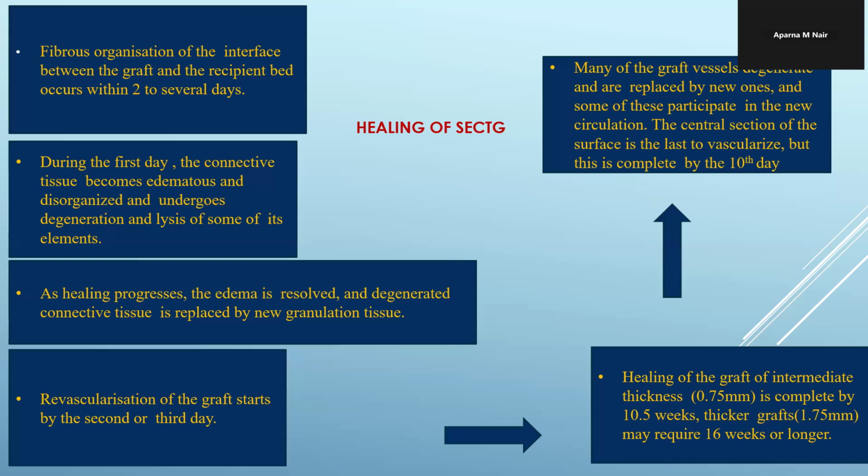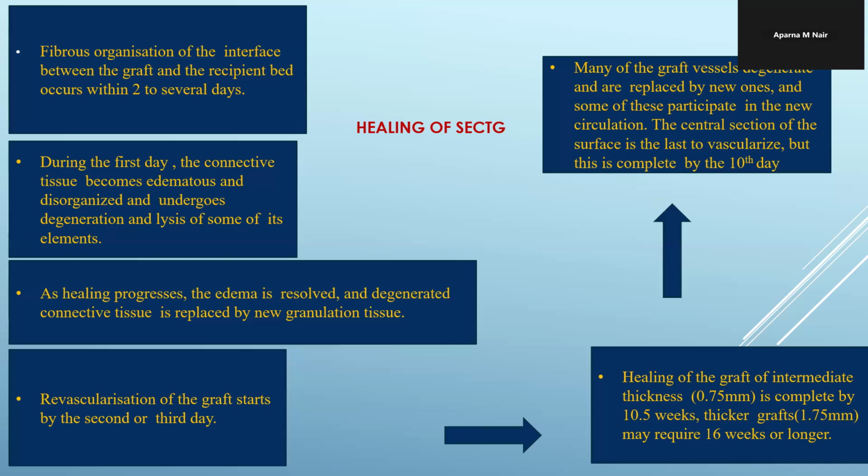So the main events are the fibrous organization between the graft and the recipient bed. The connective tissue becomes edematous and disorganized and undergoes lysis. As the healing progresses, the edema will be resolved and the degenerated connective tissue will be replaced by granulation tissue.